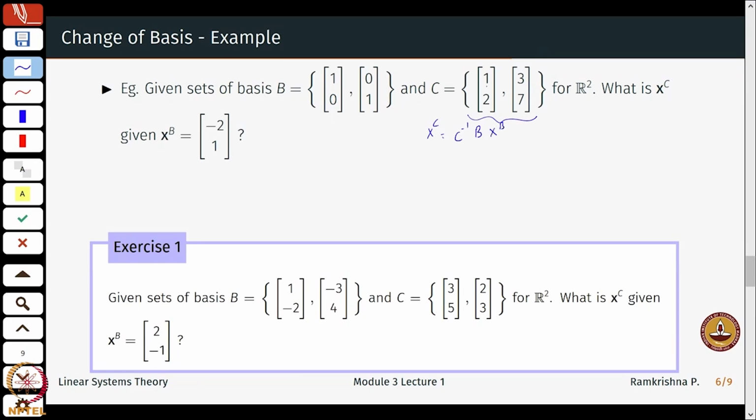B is just the identity, so I am just looking at C inverse times xb. C inverse can be computed easily to be 7 minus 3, minus 2 1, and we multiply this by minus 2 and 1. So this will be minus 14 minus 3, which is minus 17, and minus 4 plus 1, which is minus 3.